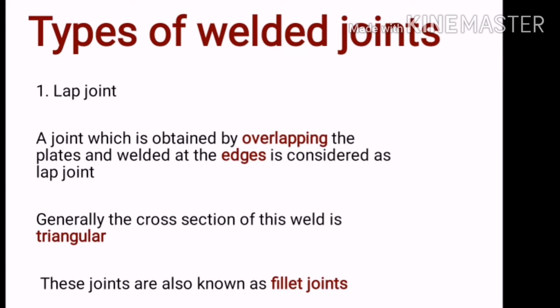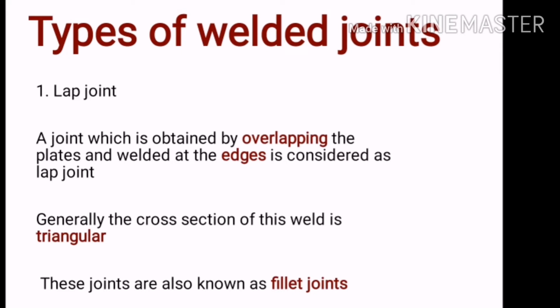Types of welded joint. The first type of welded joint which we are going to see is the lap joint. A lap joint is a joint which is obtained by overlapping the plates and welding it at the edges. Generally, the cross section of this weld is triangular.